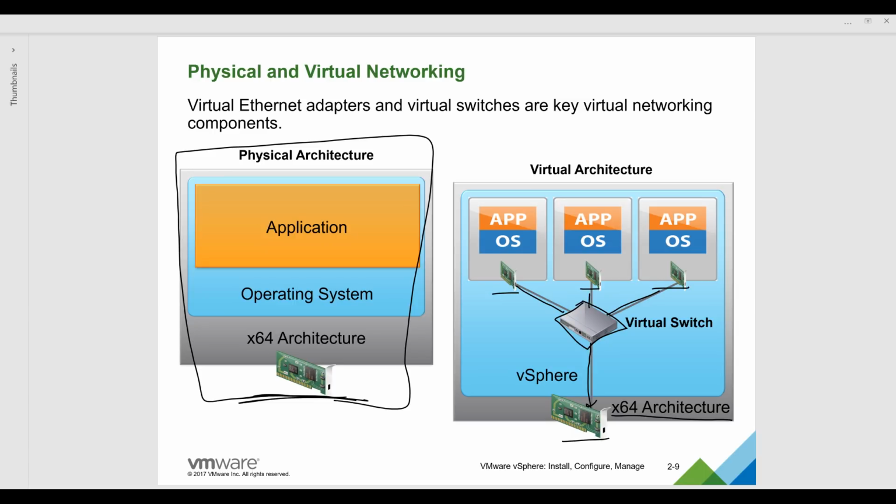Virtual switches enable the virtual machines on the same ESXi host to communicate. So we have VM1, VM2, and VM3.